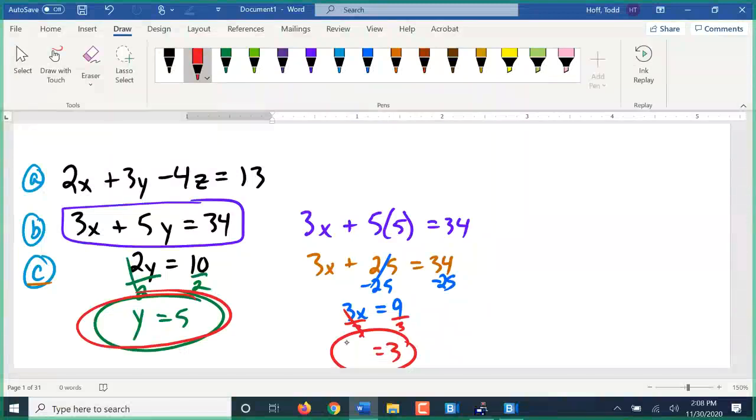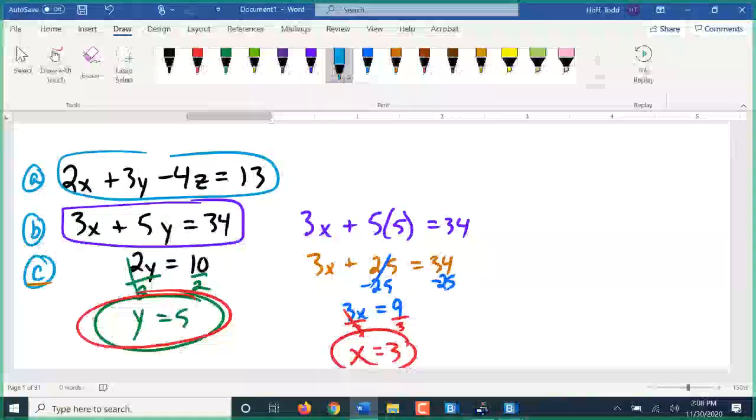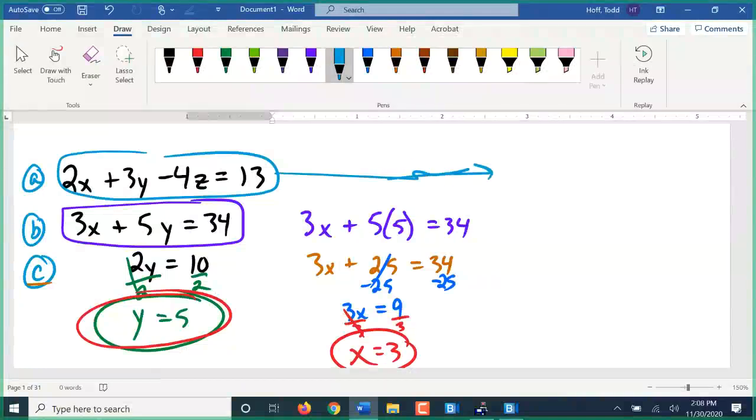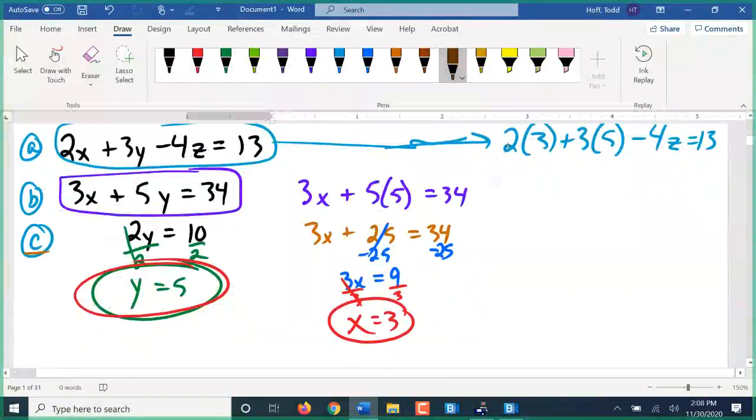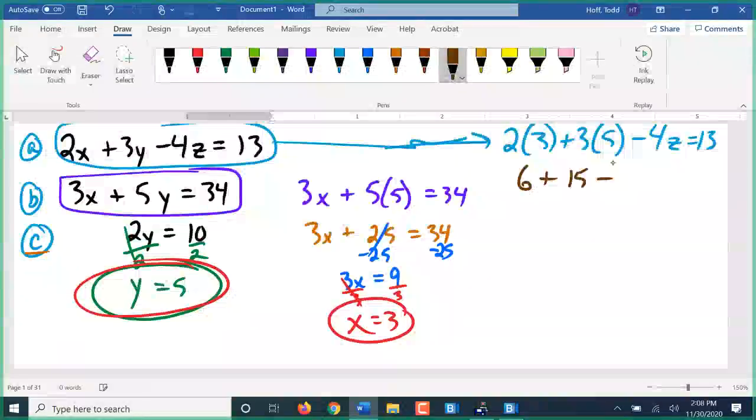I can now go back to that first equation and find z. 2x is 2 times 3, plus 3y is 3 times 5, minus 4z equals 13. Combine what I can combine. 2 times 3 is 6. 3 times 5 is 15.